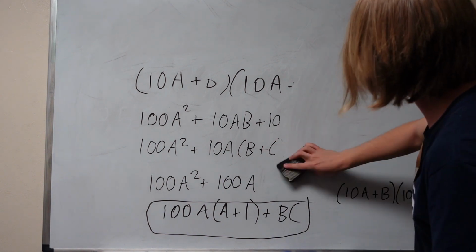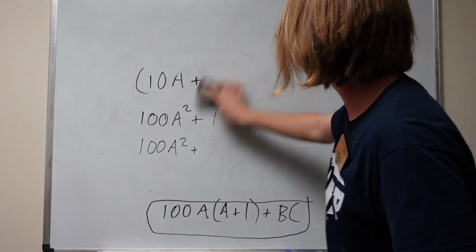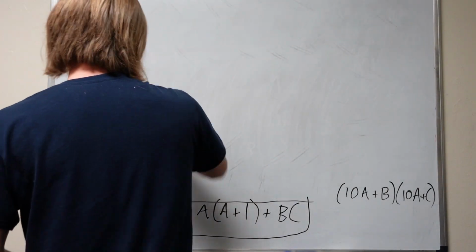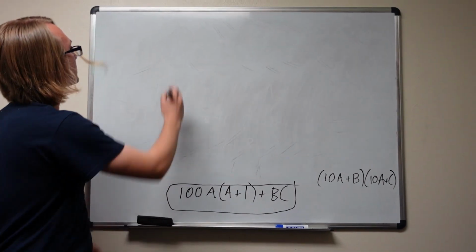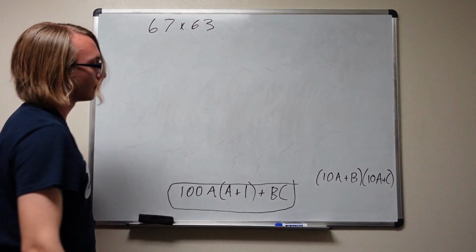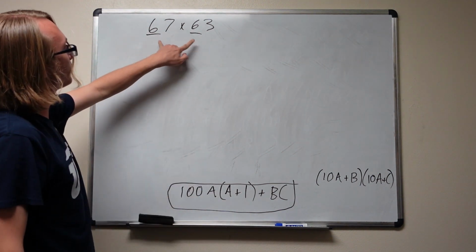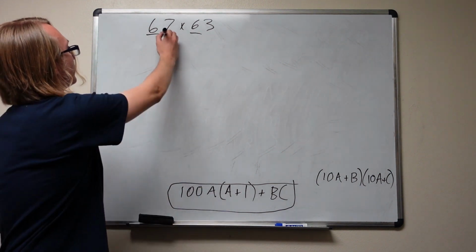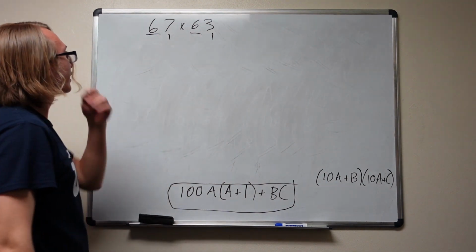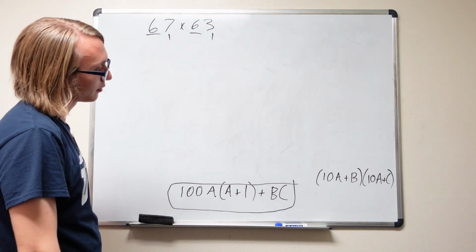So essentially, the tens trick is this, and I'll put an example. So if I have 67 times 63, where in this case the tens digit is the same, so it's 6, and then the units add up to 10, so 7 plus 3 is 10, then we could do this trick.